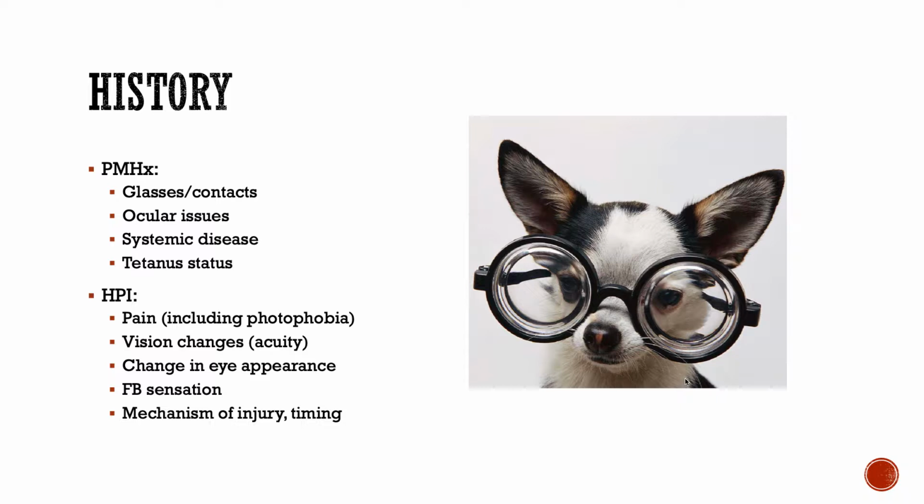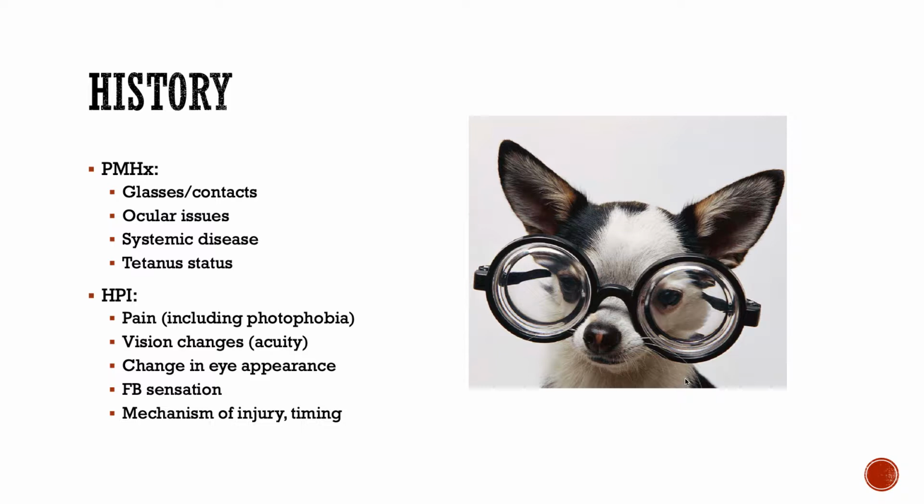You could also have asymmetry on exam, or a change in visual acuity, which is very important. Ophthalmology will also ask for a vision screen to be done when these kiddos present. There may also be the sensation that a foreign body is there, or a history that something got into the eye or injured the eye.